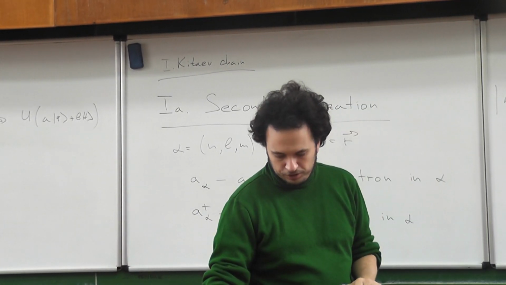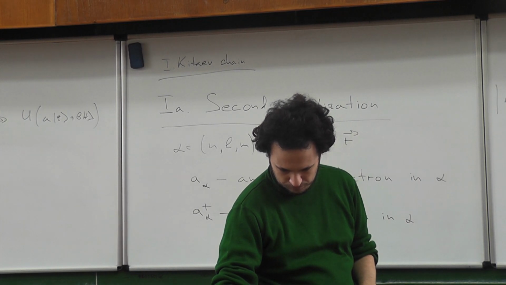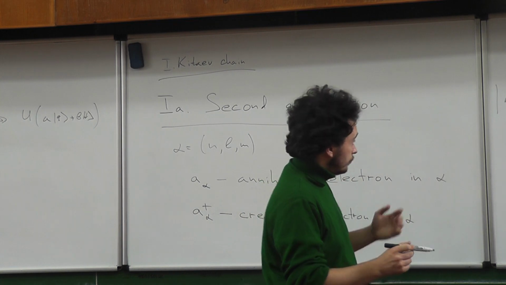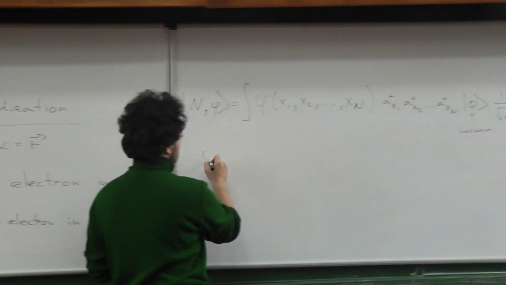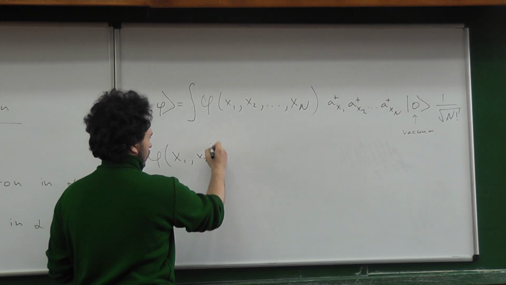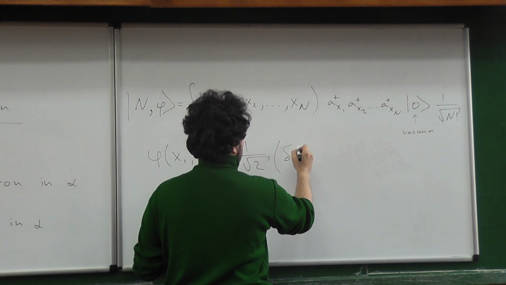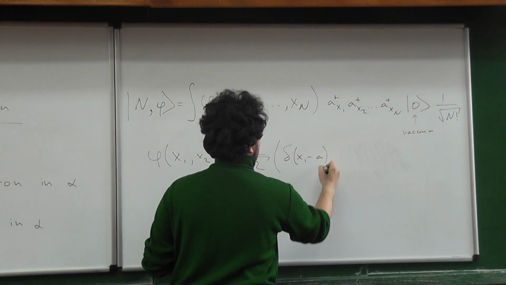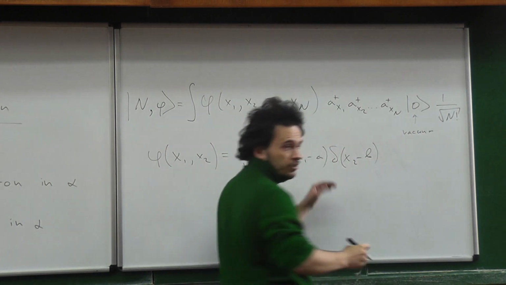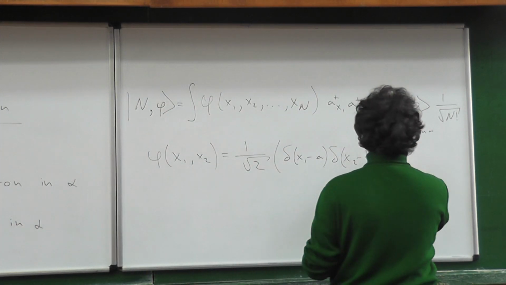So let's consider some simple example. Let me take a state with 2 electrons. The first electron sits in point A, and the second electron sits in point B. But of course, electrons are fermions, so I have to anti-symmetrize this function.